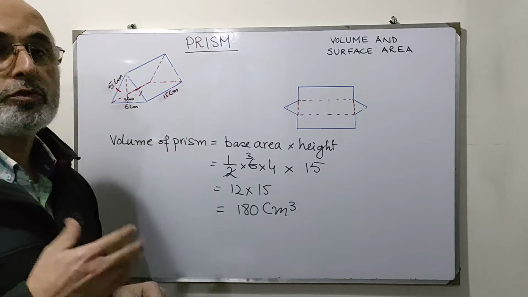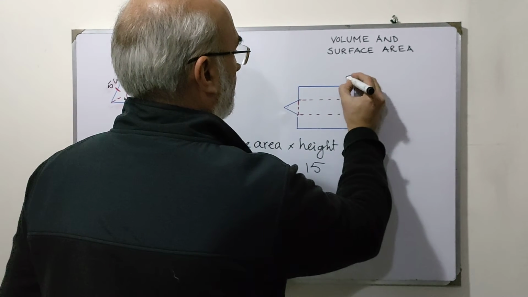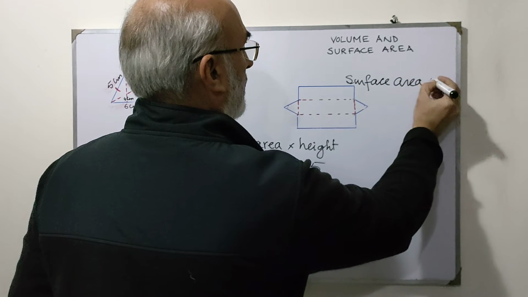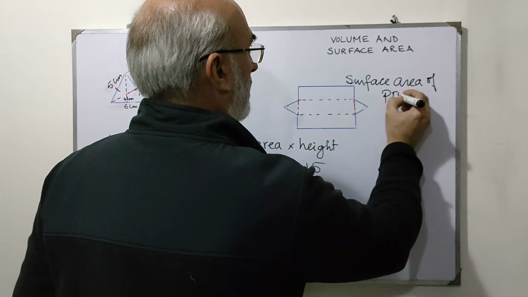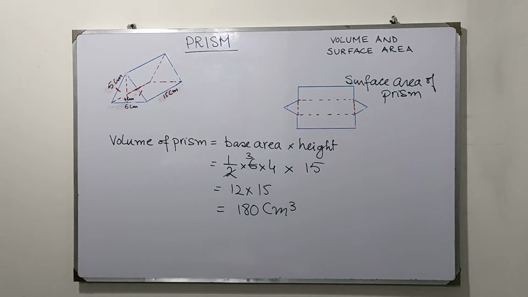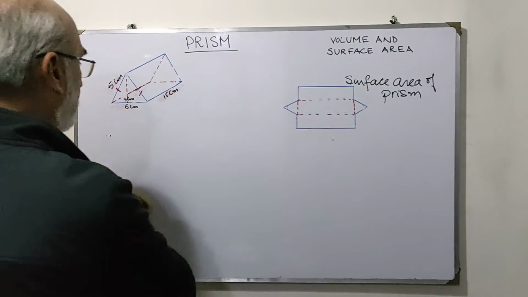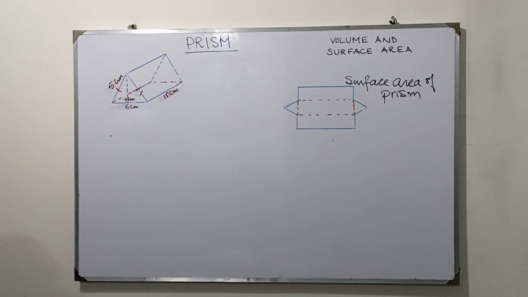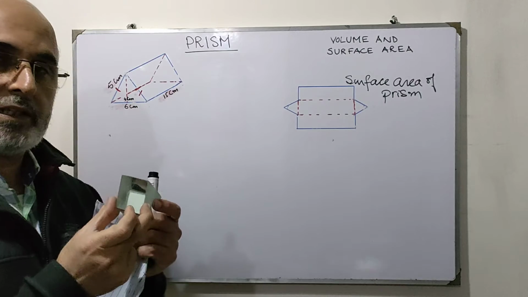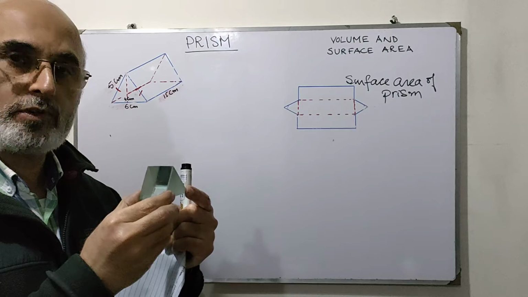Okay, now let's move towards the surface area of the prism. For the surface area, now, to calculate the surface area, first we need to know how many faces it has, okay?